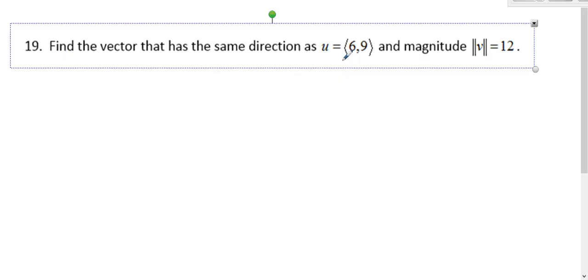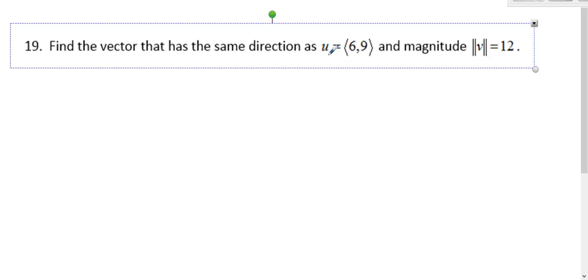So now we've got one where we have a given vector. We want that direction. We do not want that magnitude, so we have to divide by the magnitude. And we will change its magnitude so it's got a length of 12. So we just have to multiply back our new magnitude.